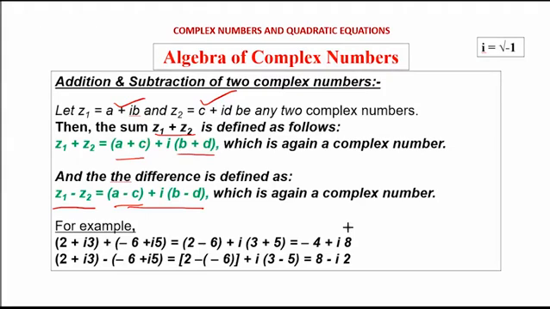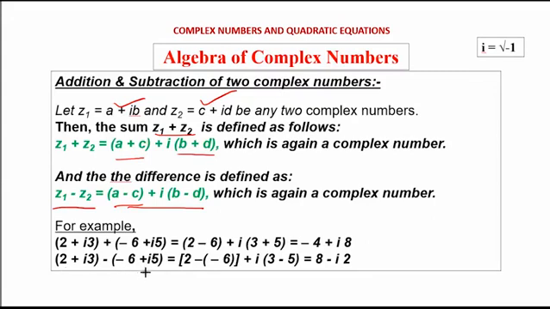Let us go for a few examples. Addition and subtraction of complex numbers. 2 plus i3 plus minus 6 plus i5. When you add these two, adding real to real, 2 minus 6 gives minus 4, and adding imaginary part with imaginary part, 3i plus 5i is equal to 8i. So 2 plus i3 plus minus 6 plus i5 gives minus 4 plus i8.